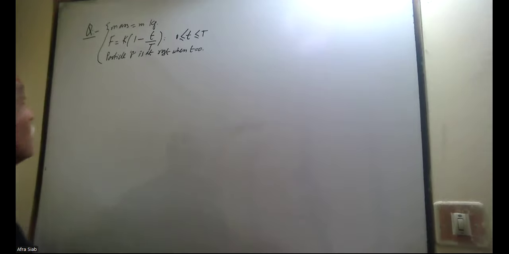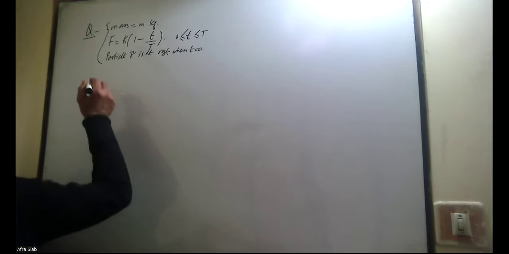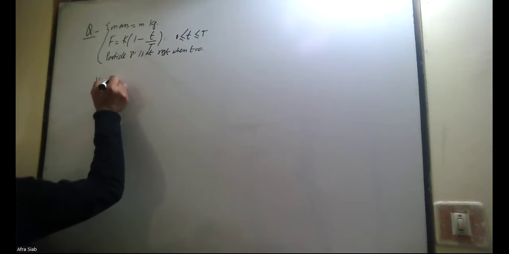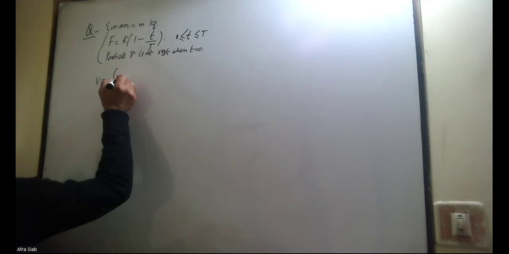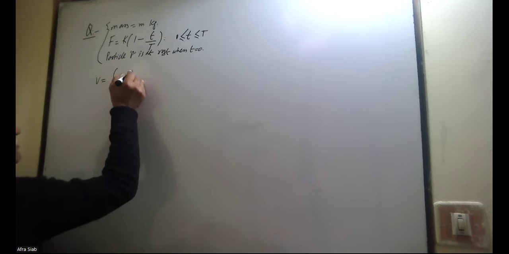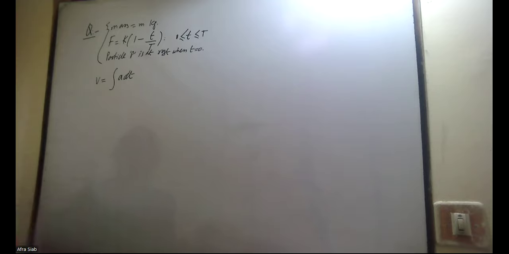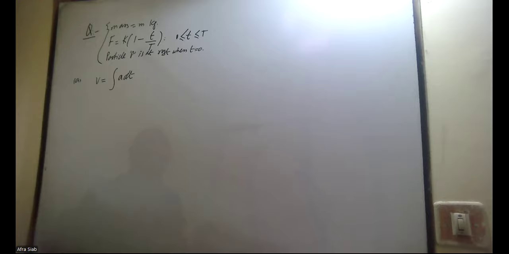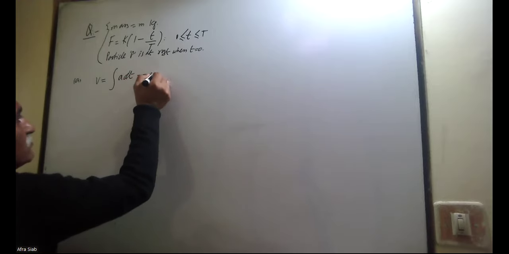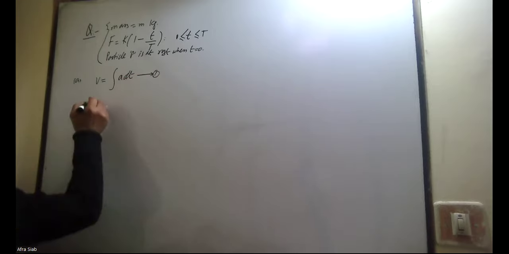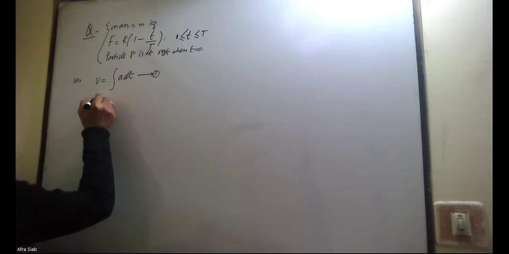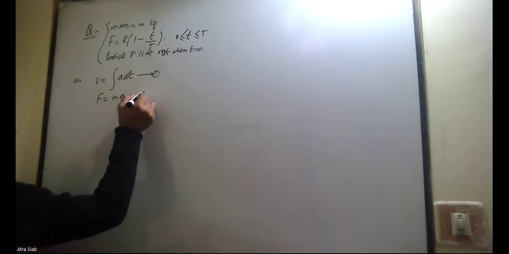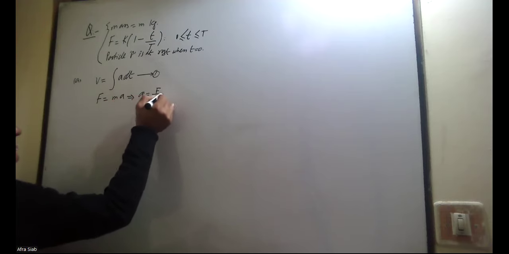So we know that for this particle, you are going to calculate the velocity, which is the integration of acceleration dt. From the equation F = ma, this means a = F/m.